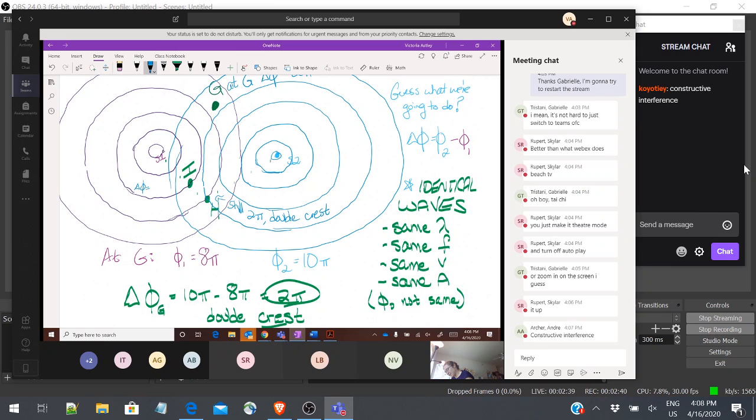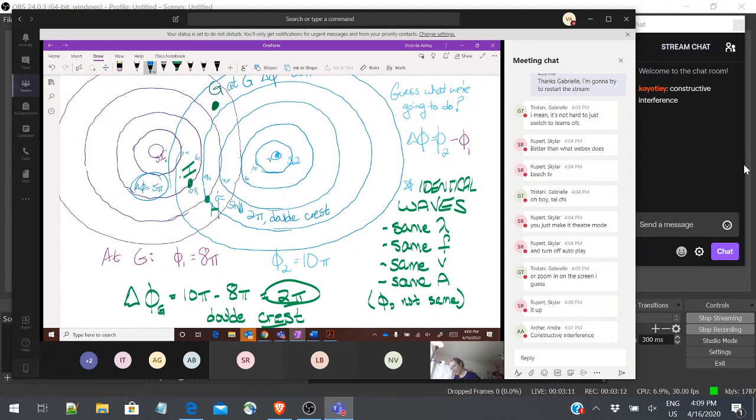It's going to be pi, 3 pi, 5 pi from my first source, and it's going to be pi, 3 pi, 5 pi, 7 pi, 9 pi, 10 pi from my other source. So my delta phi is going to be 10 minus 5, which is 5 pi.